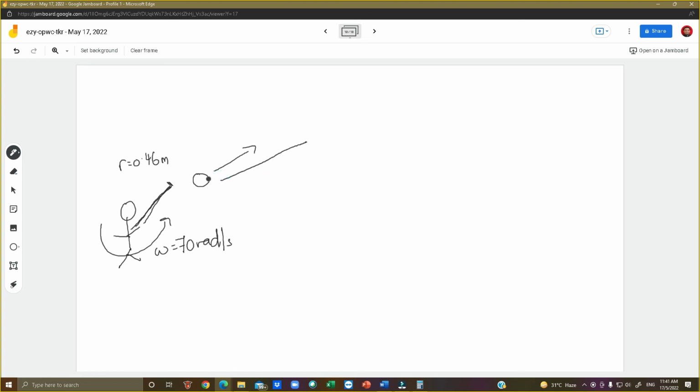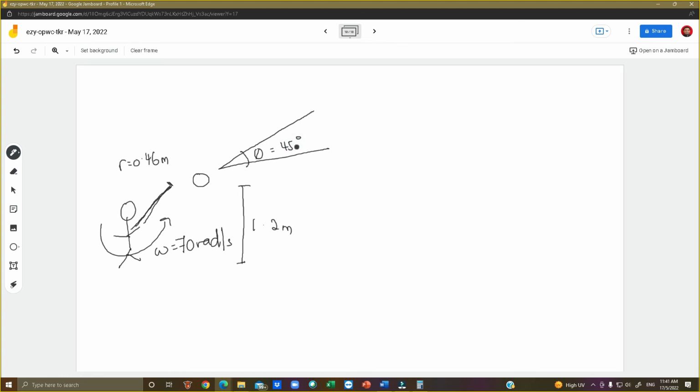Bola ni akan travel ke depan. Okay. This ball is going to travel like this. It being hit 1.2 meter at an angle of 45 degree.